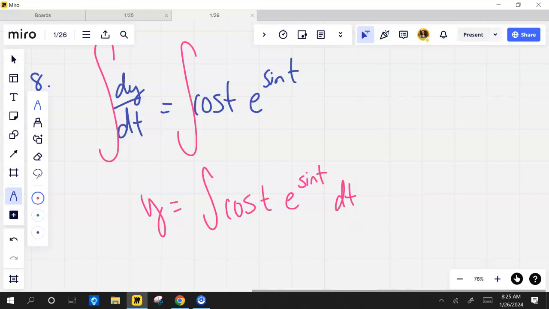The antiderivative of sine is negative cosine. The antiderivative of cosine is sine. Neither one of those works, you see what I'm saying? How am I going to find an antiderivative so that if I take the derivative, I end back up where I started? That's what I've got to think about.